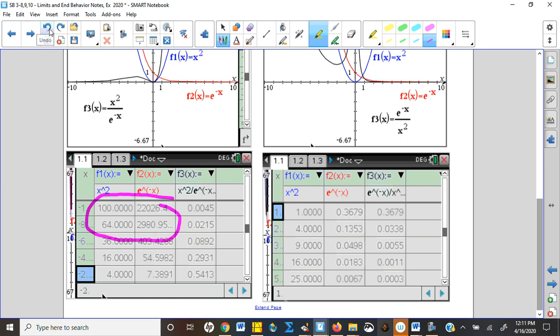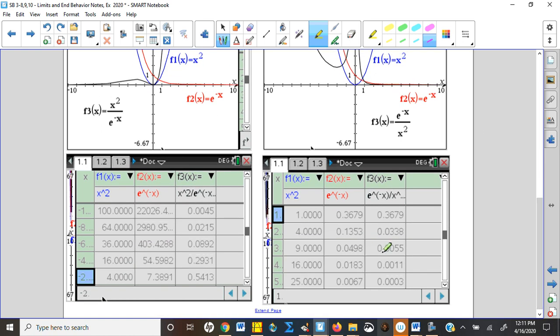On the other hand, in the right direction, I compare the same values, and the e to the negative x's are collapsing to zero. Look at that, 0.05, 0.02, 0.007. Those are getting tiny, whereas the good old x squareds are like, yeah, I'm going to get big still.